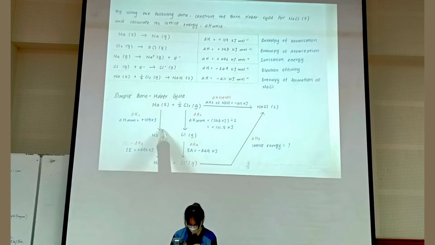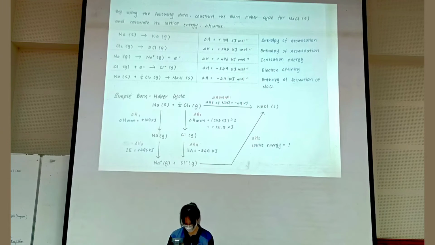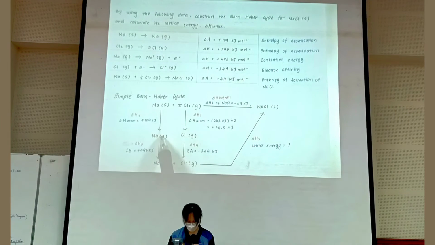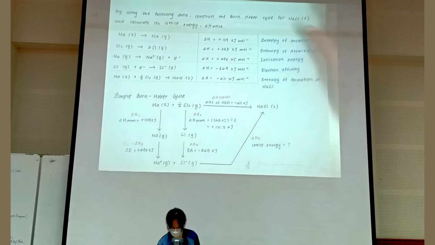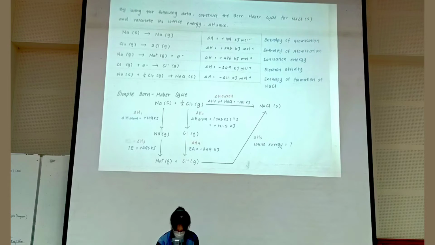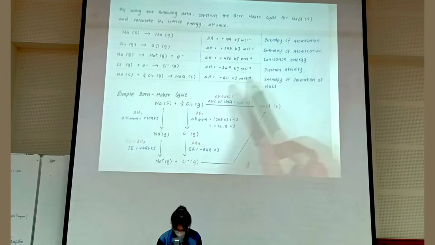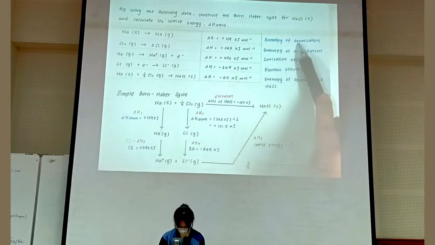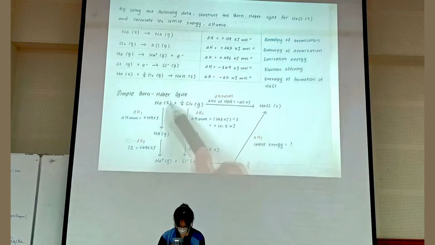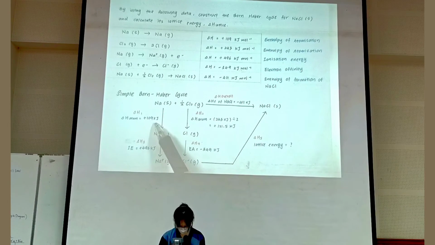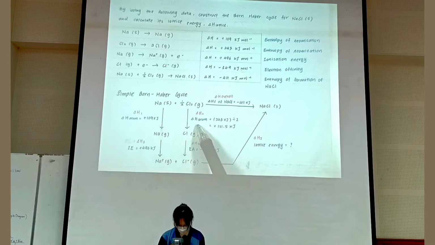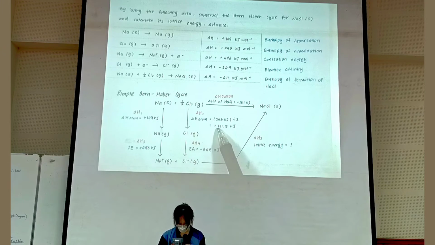The second step is we have to convert the Na into sodium gaseous atom and Cl2 into chlorine gaseous atom. This second step involves the enthalpy of atomization. So we can see here enthalpy of atomization for Na is positive 109 kilojoule, and enthalpy of atomization for chlorine is positive 121.5 kilojoule.